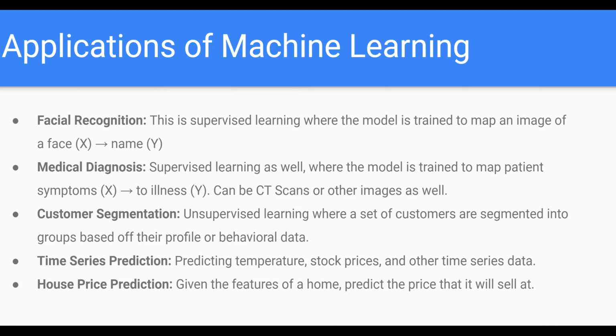An example of unsupervised learning, we learned about the cars data set where we're just clustering the cars up into groups based on their features. And another one is customer segmentation. If you run a business and you have a bunch of customers that are using your site, or they're coming into your shop and buying certain products, they're usually exhibiting certain types of behavior.